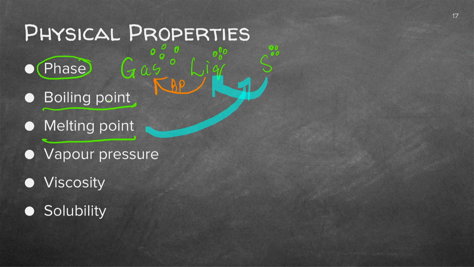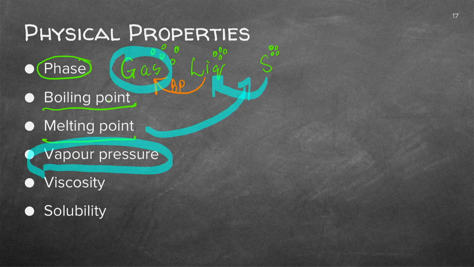And if it's a very strong bond, then obviously we'll have to use more energy. I'm going to explain vapor pressure just now. It's in actual fact how fast the liquid becomes a gas. So it's the gas molecules actually exerting a pressure. Viscosity will be the resistance to flow.